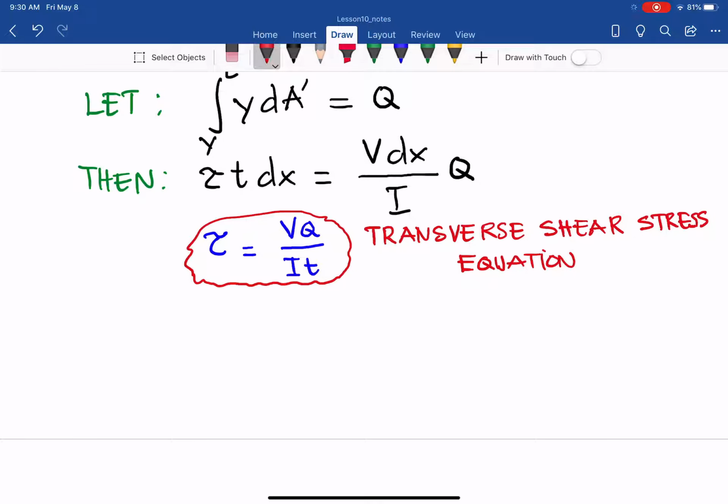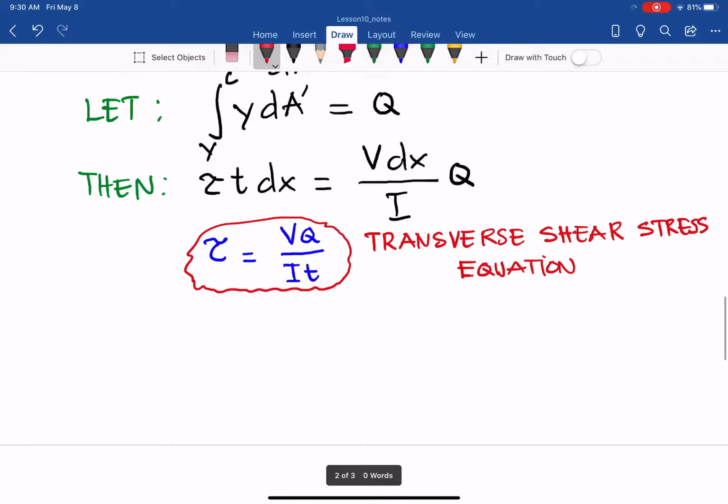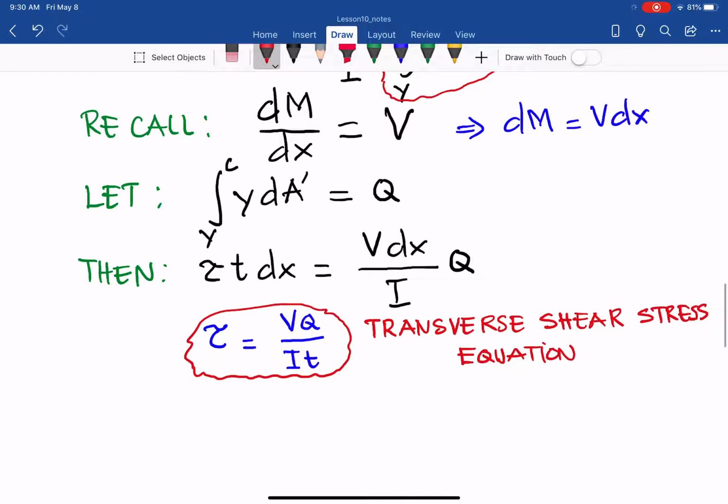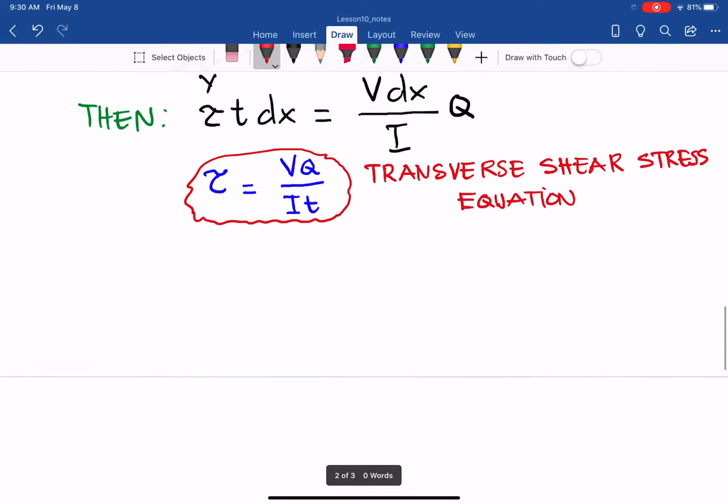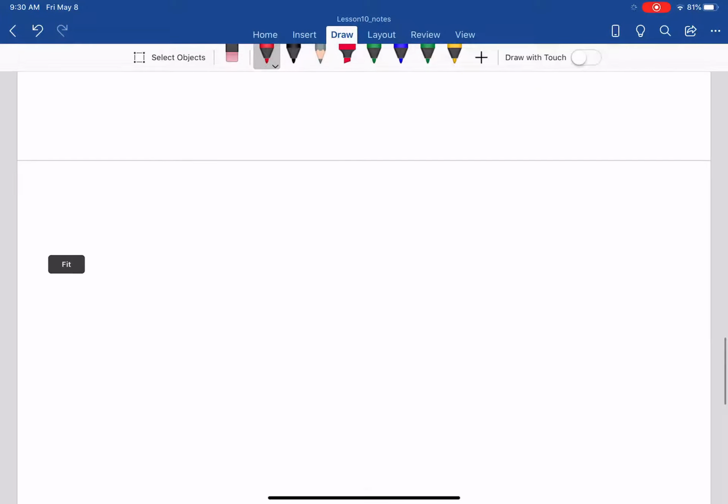By now we know the transverse shear stress equation, tau equals VQ over IT, and we set Q equal to the integral of y from y to C of y dA'. So we want to know what Q is, as first introduced in this class.